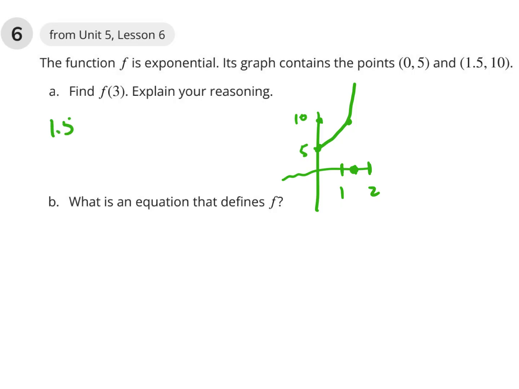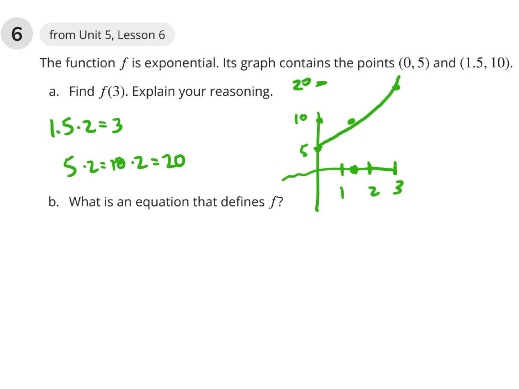So 1.5 times 2 equals 3. So that means 5 times 2 equals 10, times 2 equals 20. So then at 3, we're at 20. I didn't draw this too well, but let me draw a better curve for you guys. At 1.5, we're at 10. So this looks linear. It should curve up, but I didn't do too well in spacing out my lines here.